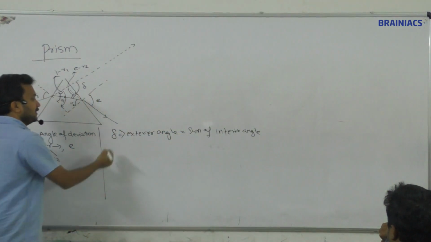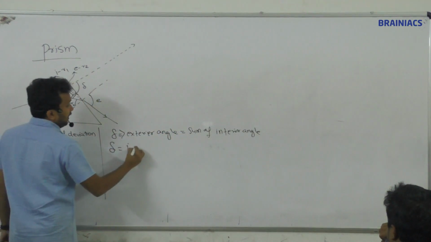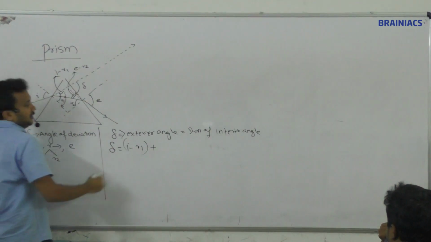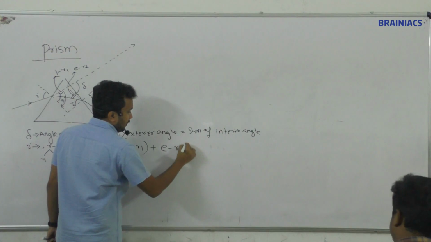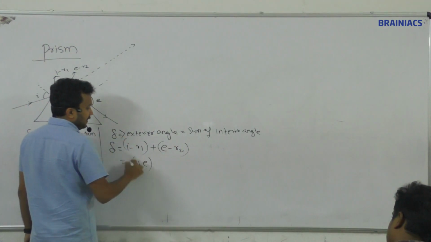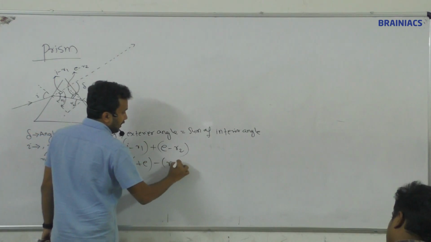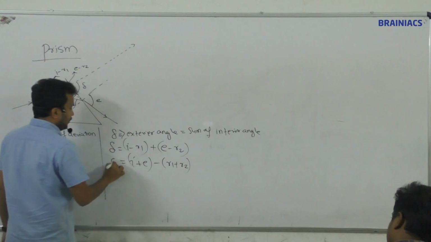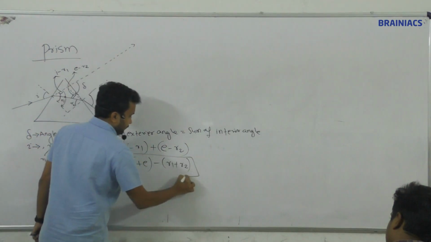Two interior angles. So delta is equal to I minus R1 plus the next interior angle, E minus R2. Together this can be written as I plus E minus (R1 plus R2). This is called deviation.